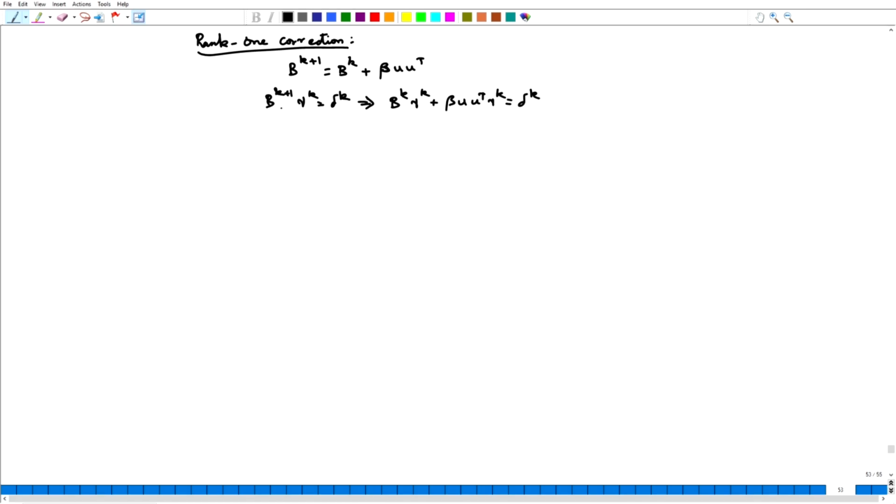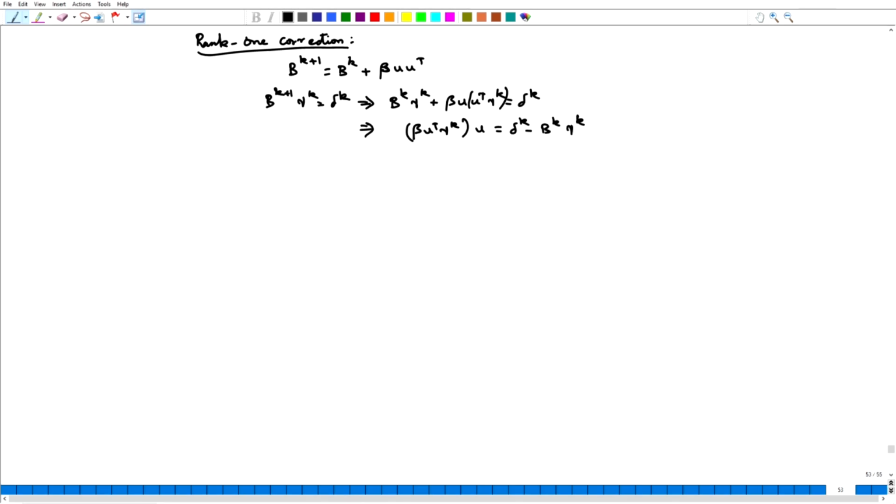I have just substituted B_(k+1) as B_k plus beta u u transpose. Okay. Note that u transpose gamma_k is a scalar: gamma_k is a vector, u transpose is also a vector, so the dot product is a scalar. Okay. So, I can write this as beta (u transpose gamma_k) u equal to delta_k minus B_k gamma_k, where beta is a scalar and u transpose gamma_k is a scalar.